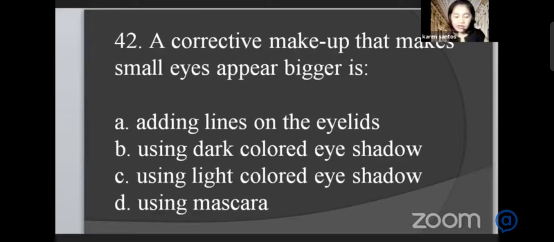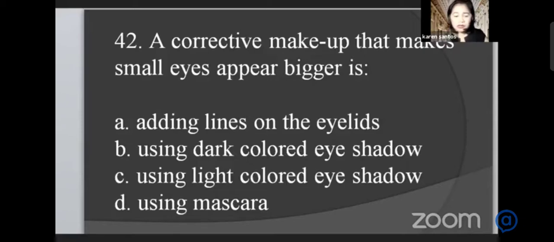So the correct answer is letter A. Okay, so A, adding lines on the eyelid. So for example, pwede kayong maglagay ng eyeliner, liquid eyeliner, pwedeng sa above or below your eyes, for you to make your eyes appear bigger.